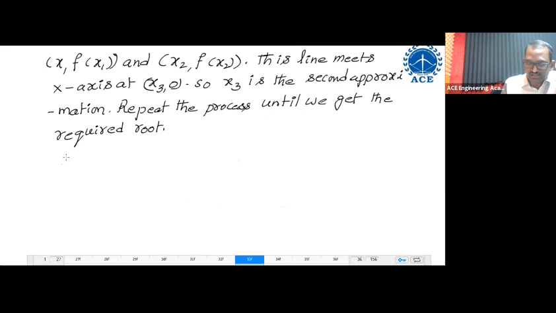So that's why I'm directly giving the formula. The derivation is similar to the regular falsi method.